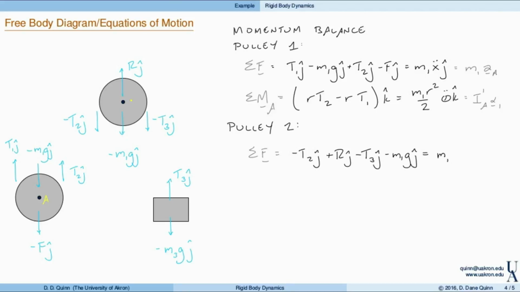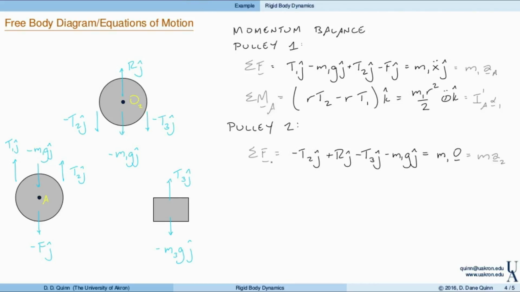But recall, this point was O2, and O2 is fixed in the ground. So the acceleration of this object is 0. So the total force acting on body 2 vanishes.